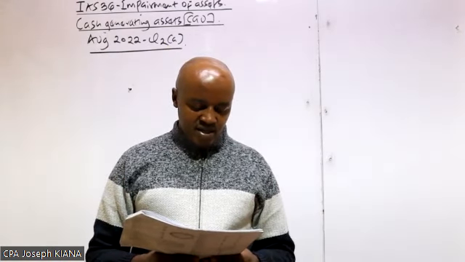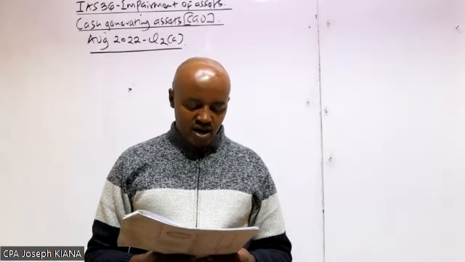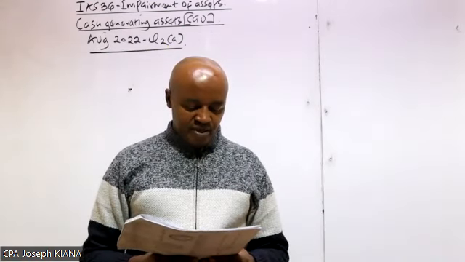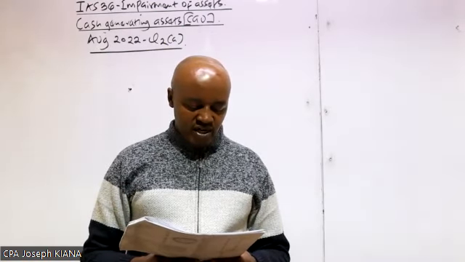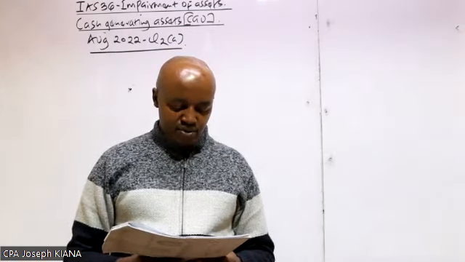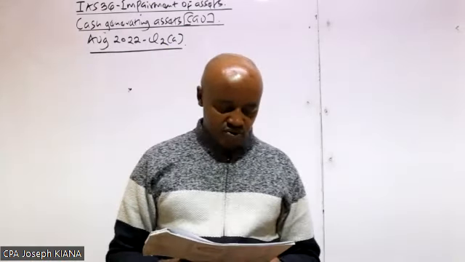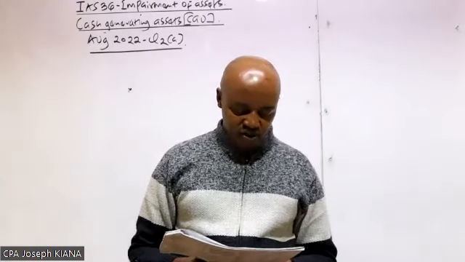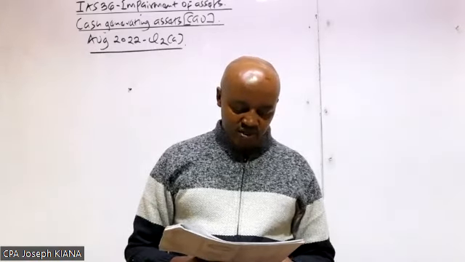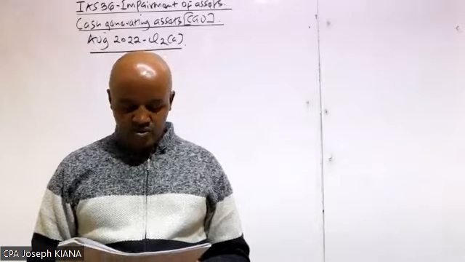Number three, the patents have been superseded and are now considered worthless. Number four, the company follows the cost model as permitted by International Accounting Standard number 16, Property, Plant and Equipment. So what you're required to do is discuss, with suitable calculations, how the impairment loss in the cash generating unit would be accounted for in accordance with International Accounting Standard number 36.